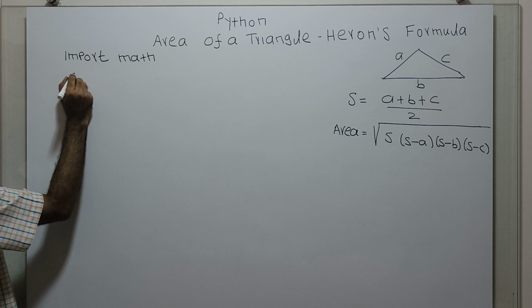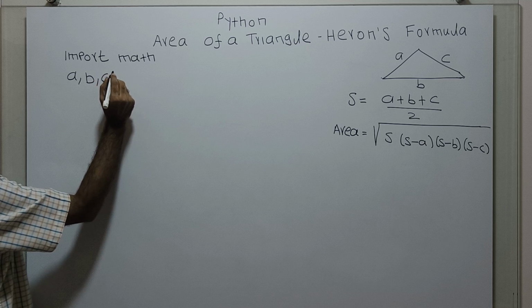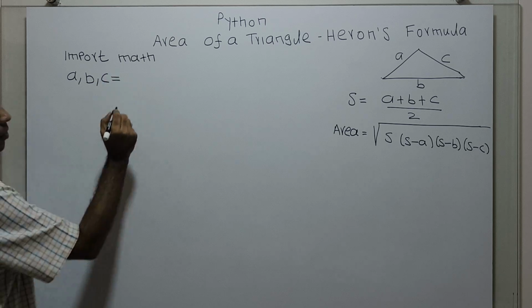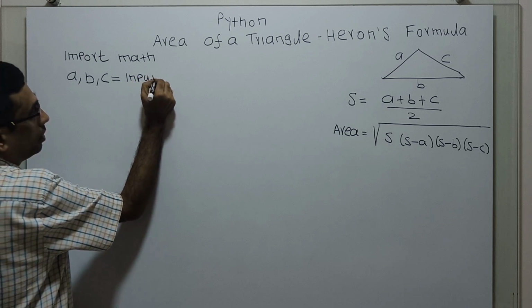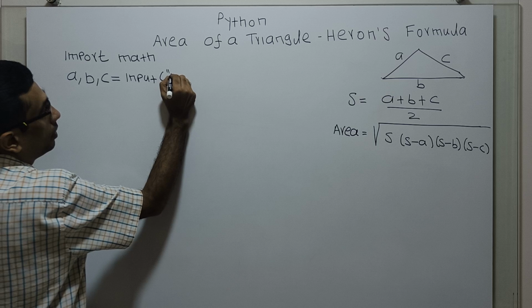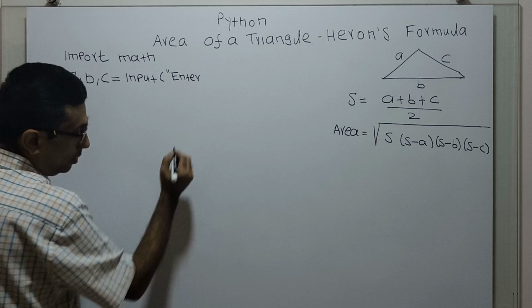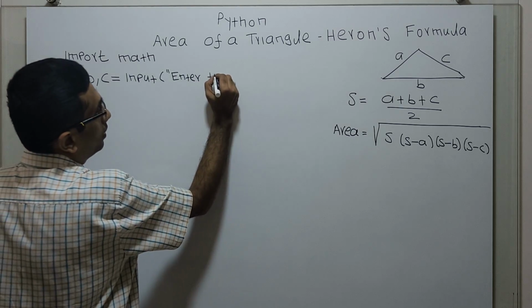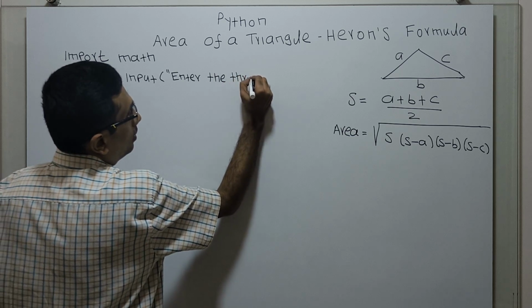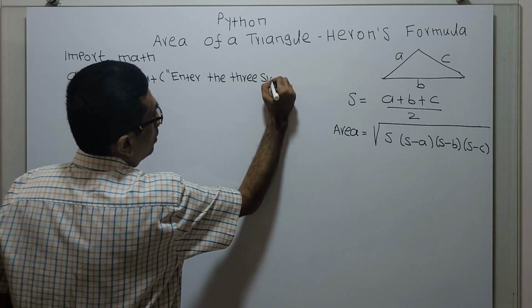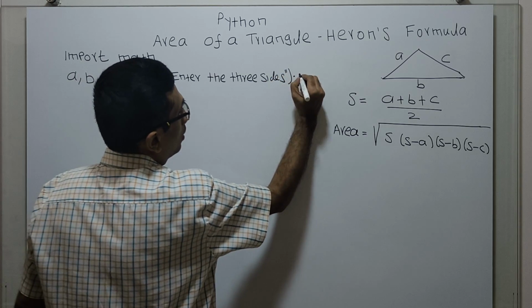Next step, the variables a, b, c equal to input of "enter the three sides", dot split.